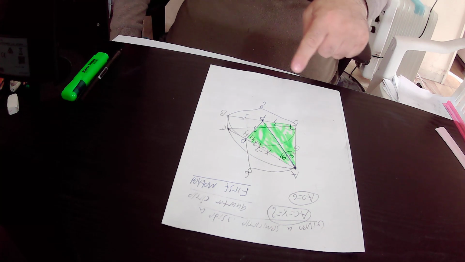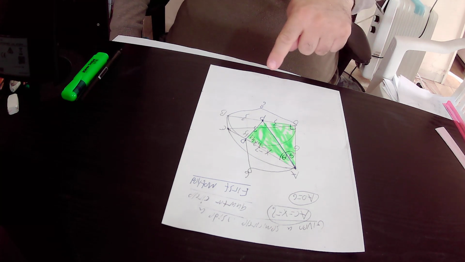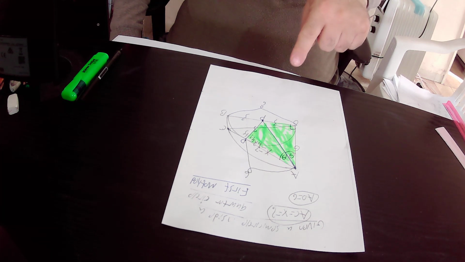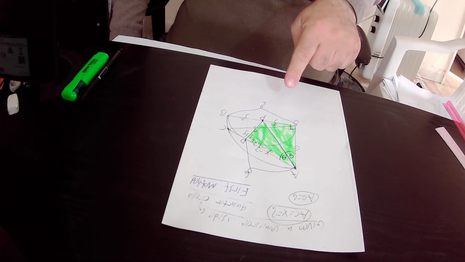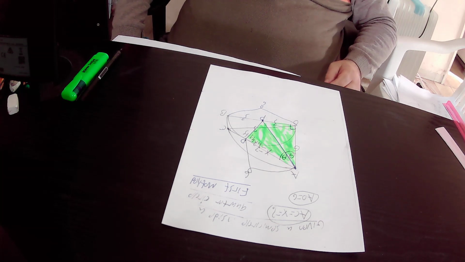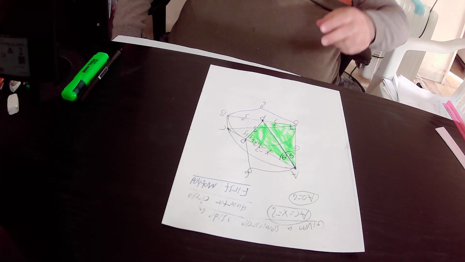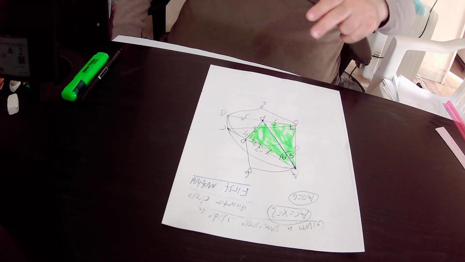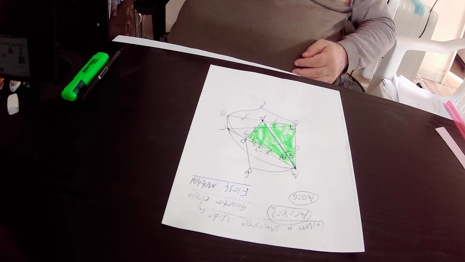So the diameter of the semicircle is 6 units, and the radius is half of it. That is to say, the radius is 6 over 2, that is 3 units. So here OP equals PB equals PD. All those line segments are defined as the radii of the semicircle, that is to say, they are equal to 3 units.